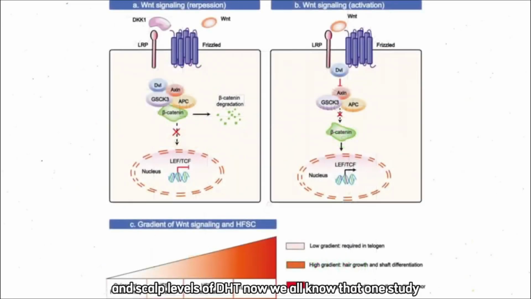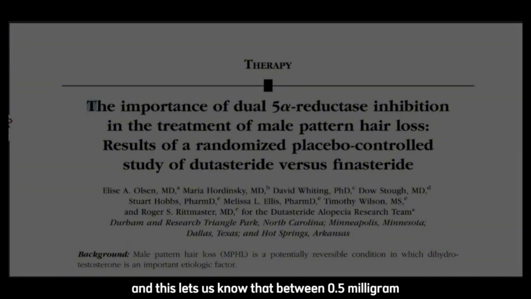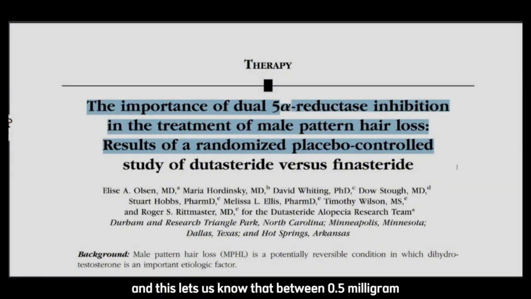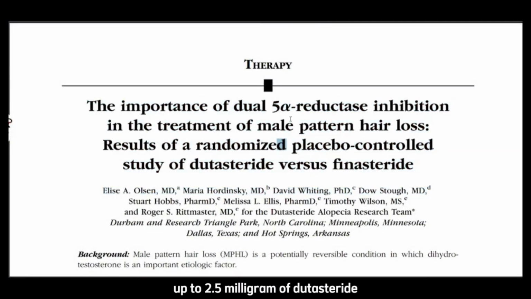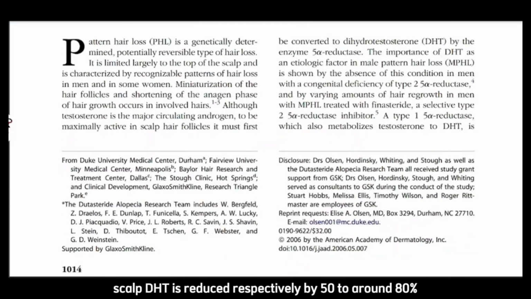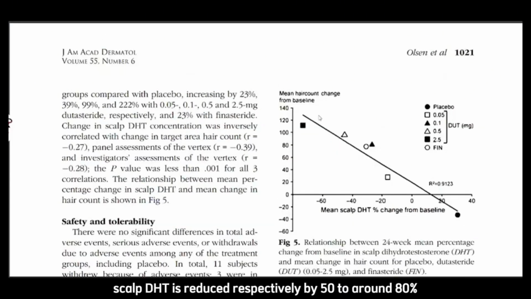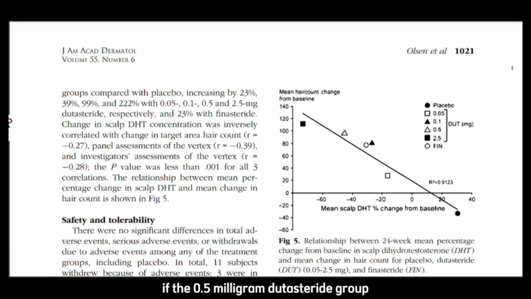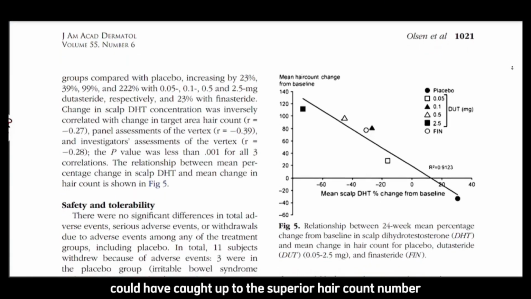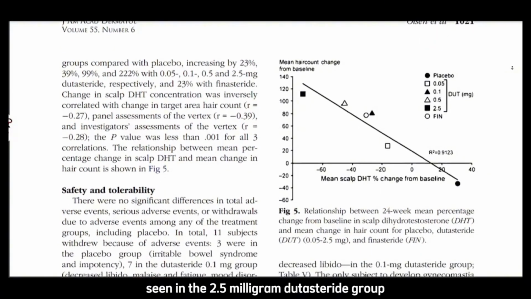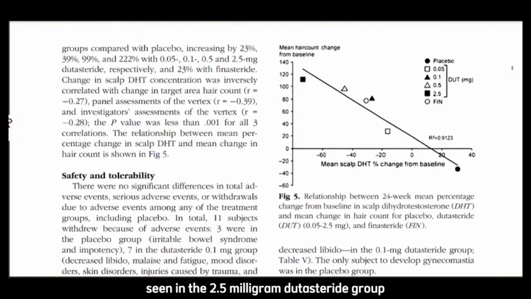Now, we all know that one study, right? The Olsen et al. 2006 study. And this lets us know that between 0.5 milligram up to 2.5 milligram of dutasteride, scalp DHT is reduced respectively by 50 to around 80%. This study was done for only 6 months, so there's some debate if the 0.5 milligram dutasteride group could have caught up to the superior hair count number seen in the 2.5 milligram dutasteride group.